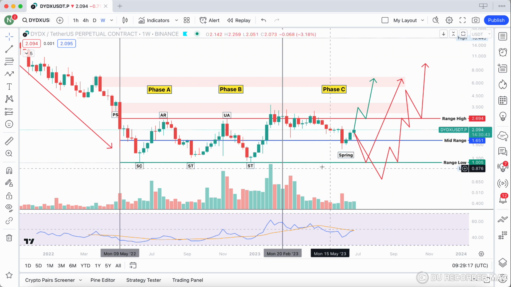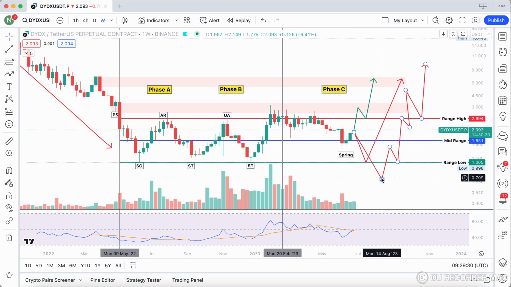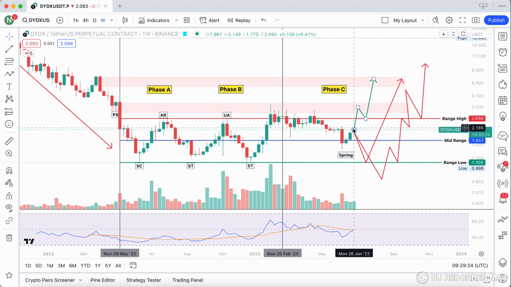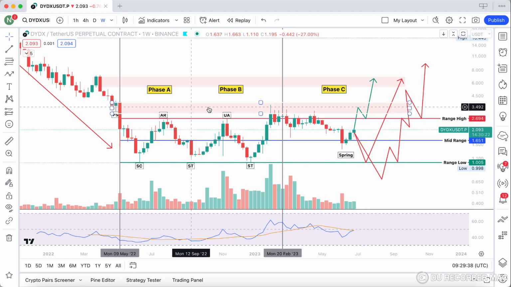We have enough information to know the range low, buying opportunity, the range high, resistance, maybe a selling opportunity, and we know that once DYDX goes below the range low, don't cry, buy. We know that if DYDX gets above the range high, this supply zone is depleted.